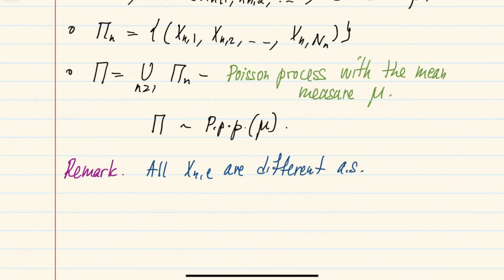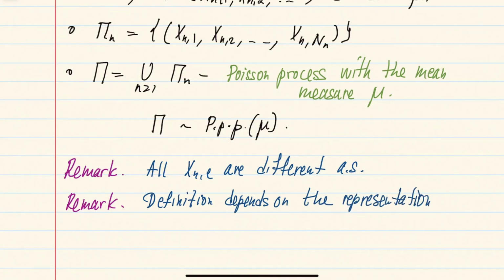A second remark is that, of course, the above definition depends on a particular representation that we started with, in other words, how we represented our measure mu as a sum of these measures with finite total mass.